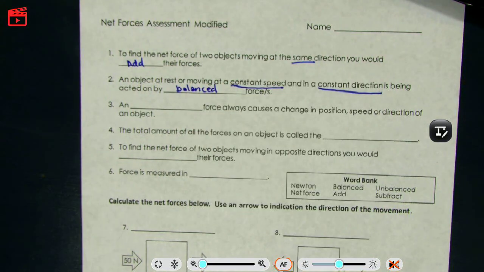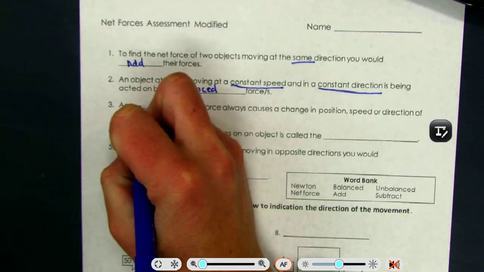So we know they are balanced when they are both constant speed and constant direction. It can be constant speed, but if its direction changes, then it is unbalanced. And blank force always causes a change in position, speed, or direction of an object that is unbalanced.